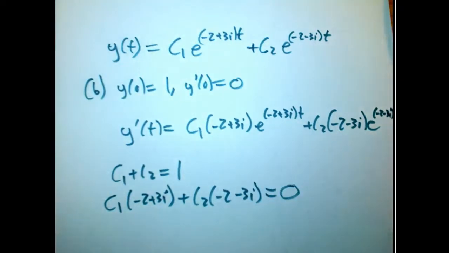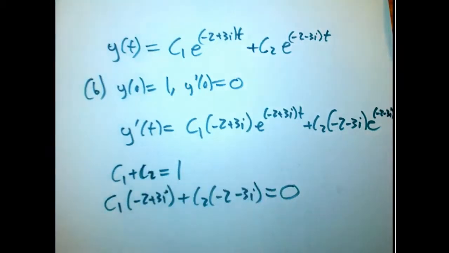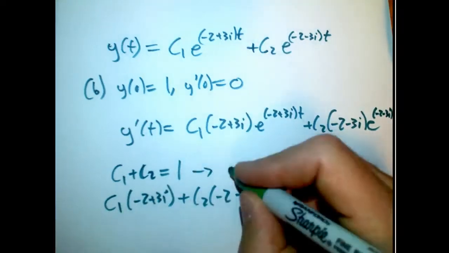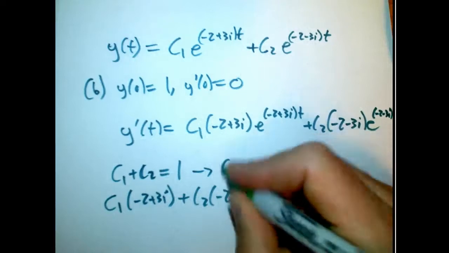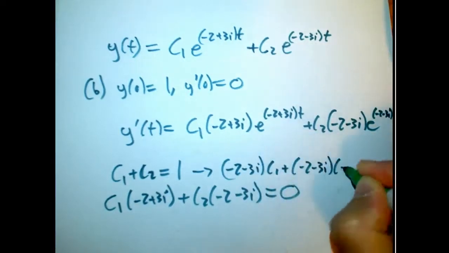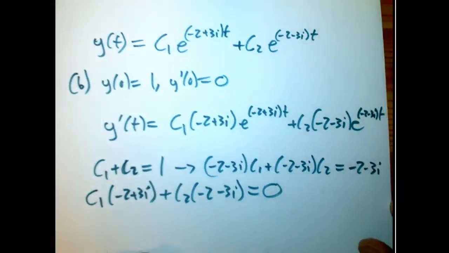Okay, so we need to solve that. We could make it into a matrix, we could do elimination, whatever. Yeah, let's do elimination. Let's go ahead and multiply both sides of the first equation by minus 2 minus 3i. So minus 2 minus 3i times C1 plus minus 2 minus 3i times C2 is minus 2 minus 3i.